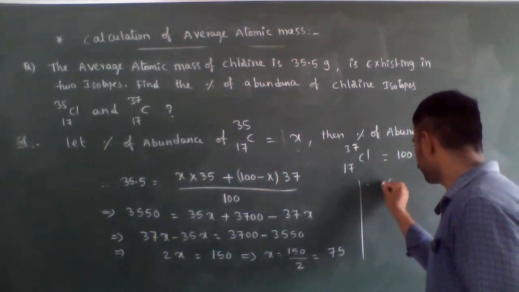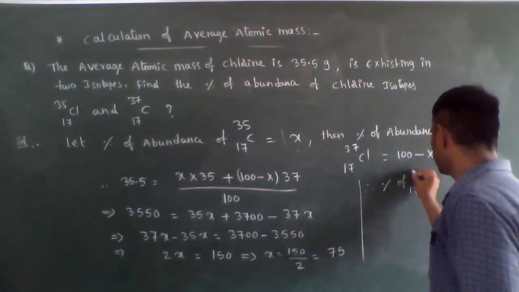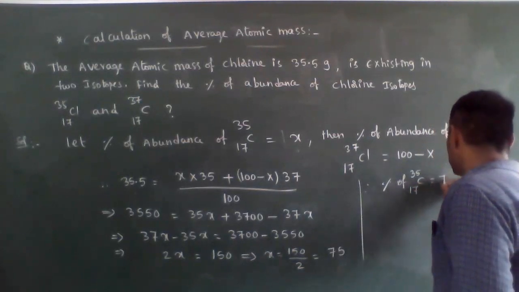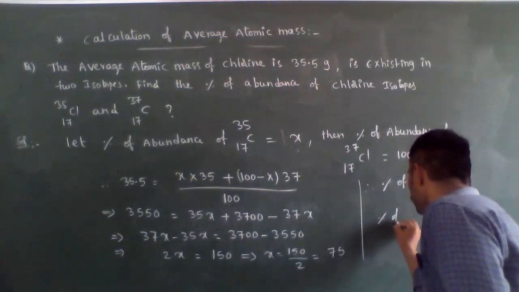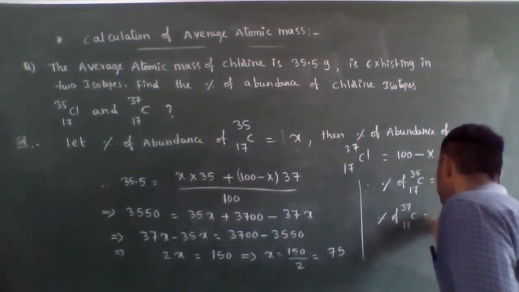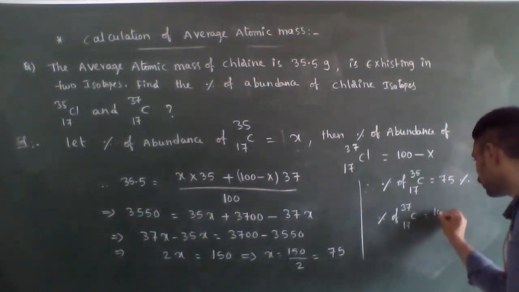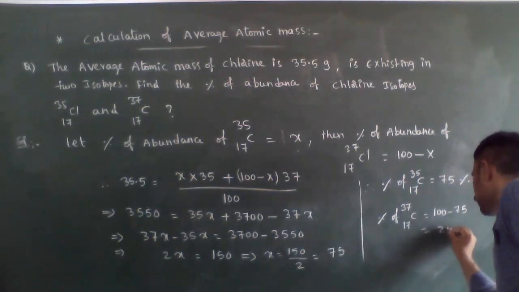So x is equal to 75, therefore the percentage of chlorine 17-35 is equal to 75%. The percentage of chlorine 17-37 is equal to 100 minus x, 100 minus 75, which is 25%.